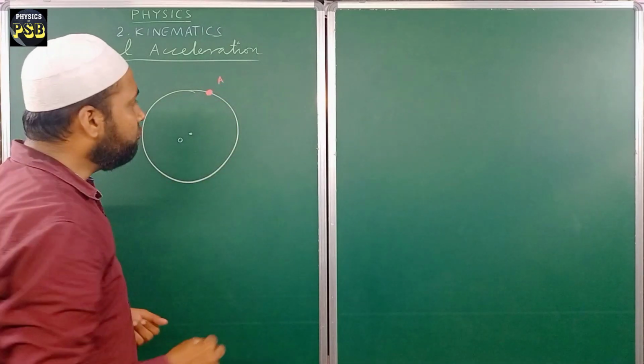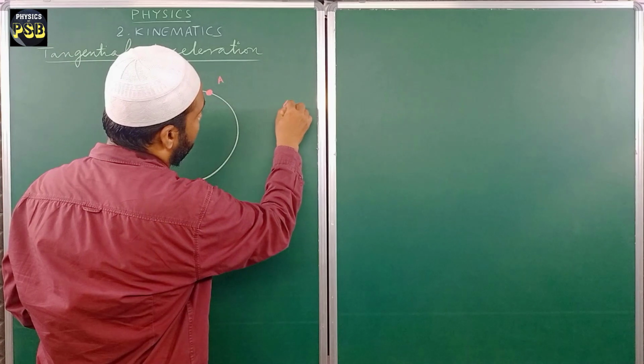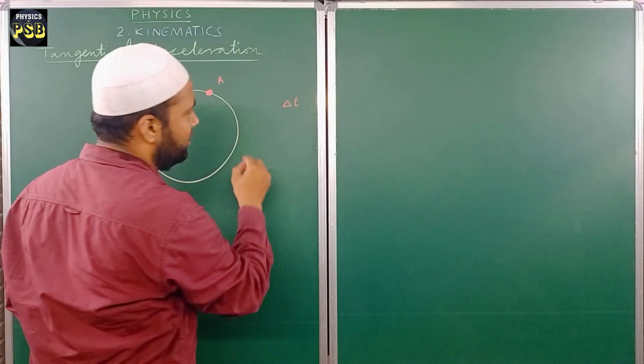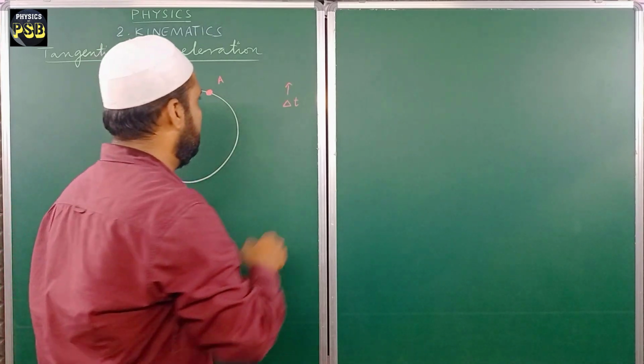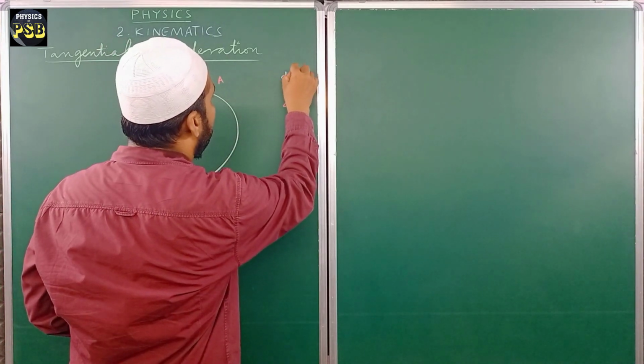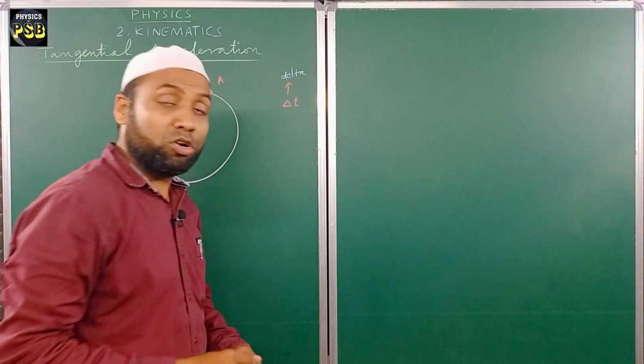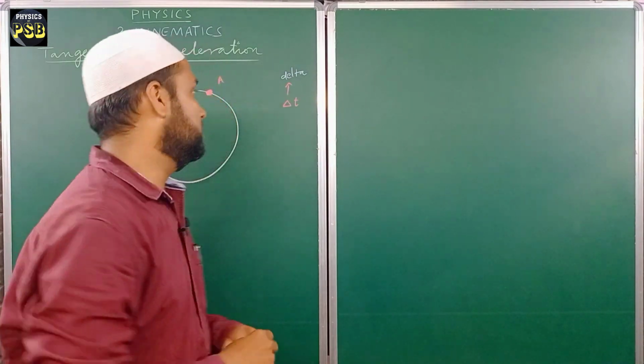Now, after time delta t, what is this delta? This symbol is named delta. It is used to represent a small change.